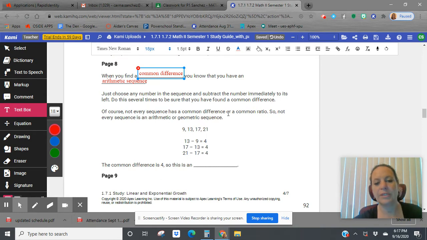Of course, not every sequence has one, so let's check this out. 13 minus 9, 4. 17 minus 13, 4. 21 minus 17, 4. The common difference is 4, so this is an arithmetic sequence.